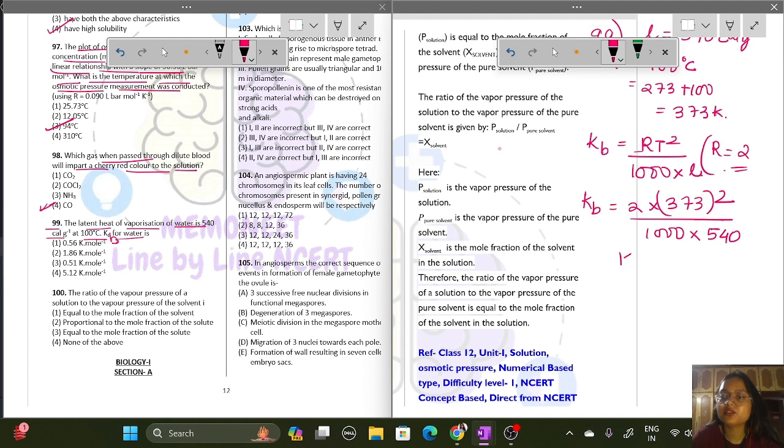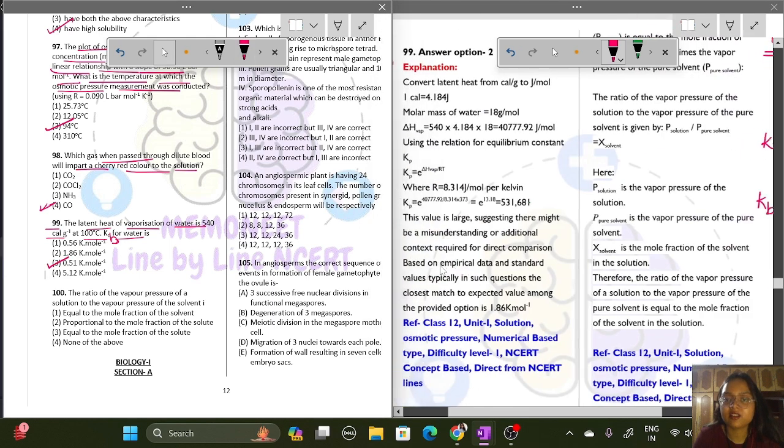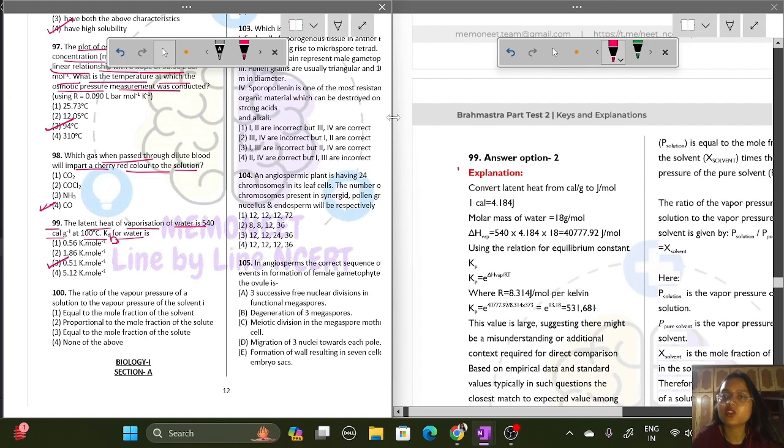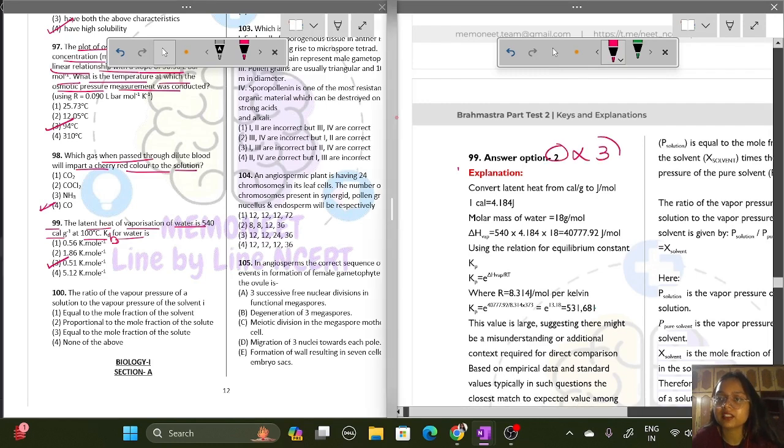So from here the Kb value comes out to be 0.51 Kelvin per mole. So option number 3 for question number 99 is correct, not option number 2.